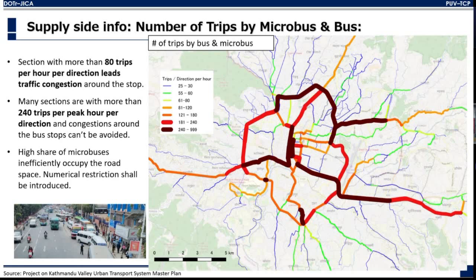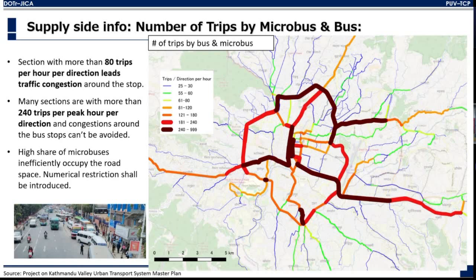From analyzing such collected information and merging by sections, how many trips per direction per hour can be visualized like this. And you can see some sections are very congested by public transport vehicles. You can see so many large buses parked and operated along this corridor.